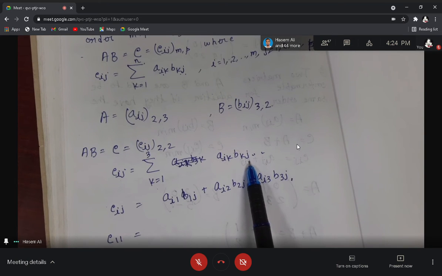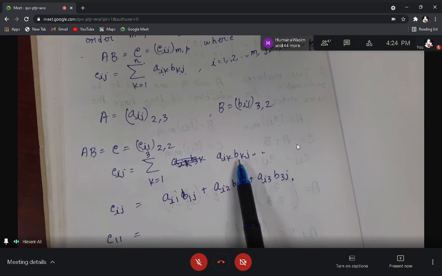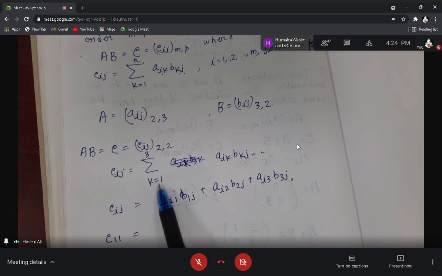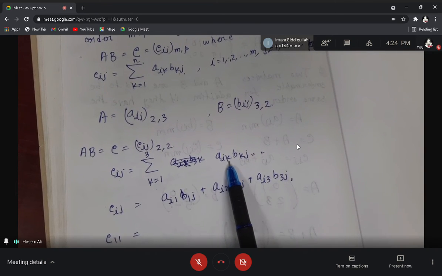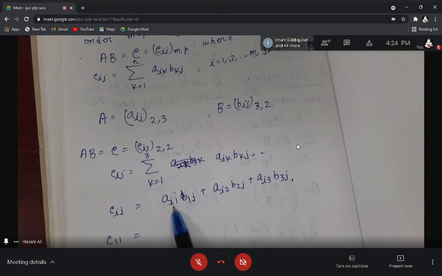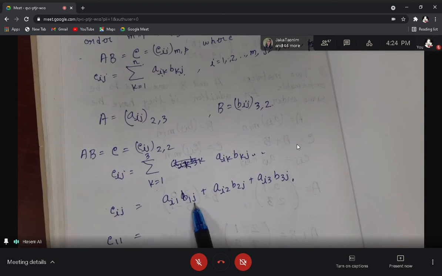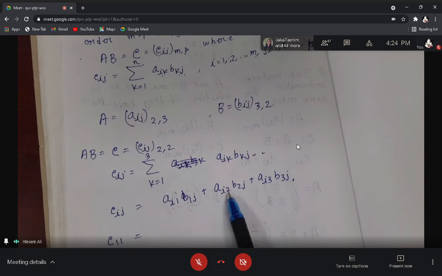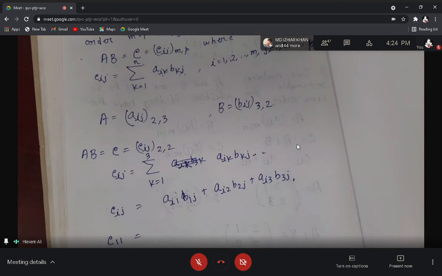Now extend the summation. For k equals 1 to 3, first put k equals 1, ai1 b1j. Similarly, put k equals 2, ai2 b2j, and similarly ai3 b3j.